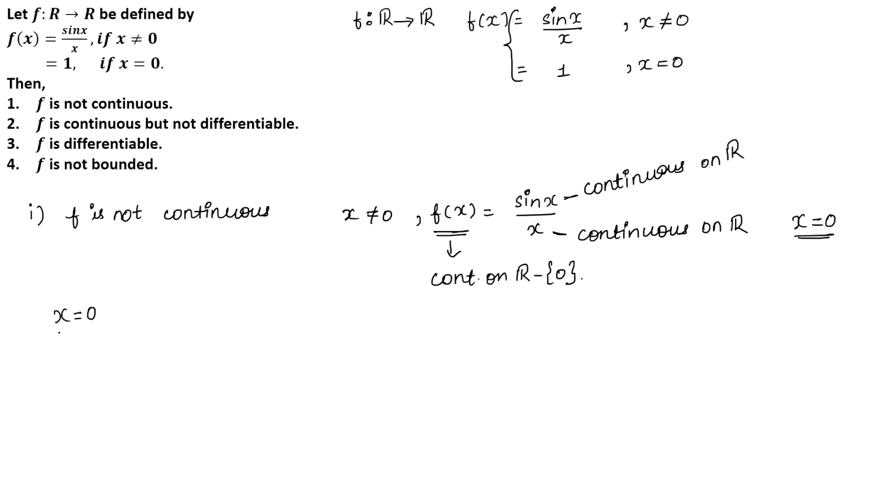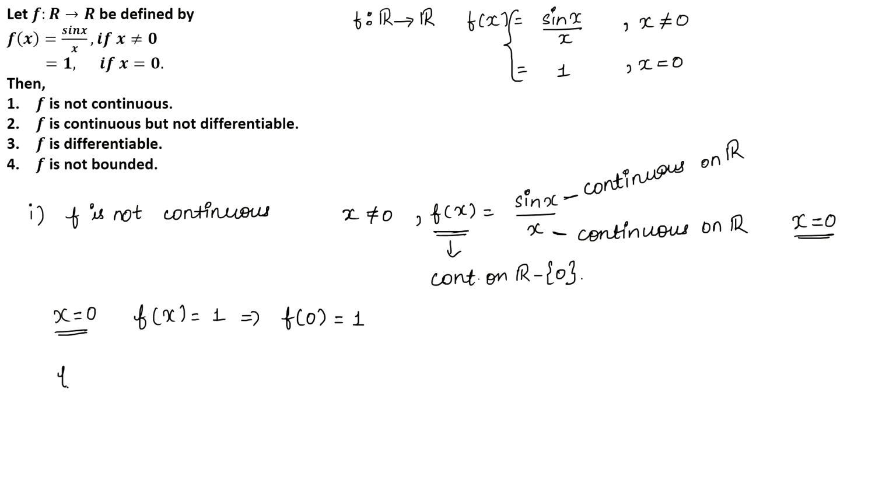Now we have to analyze whether f is continuous at x equals 0 also. At x equals 0, one thing which we know is f of x is equal to 1. Therefore, we can write f of 0 is equal to 1.